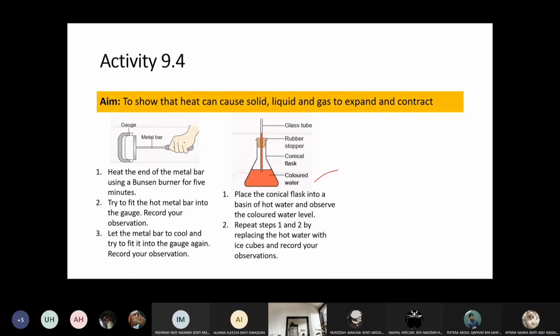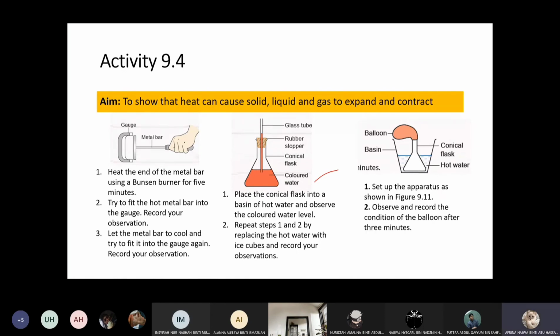Okay. And then we have another activity. So here is a balloon. We set up the apparatus and then observe and record the condition of the balloon. We put the balloon and the conical flask in hot water. What do you think you will observe?